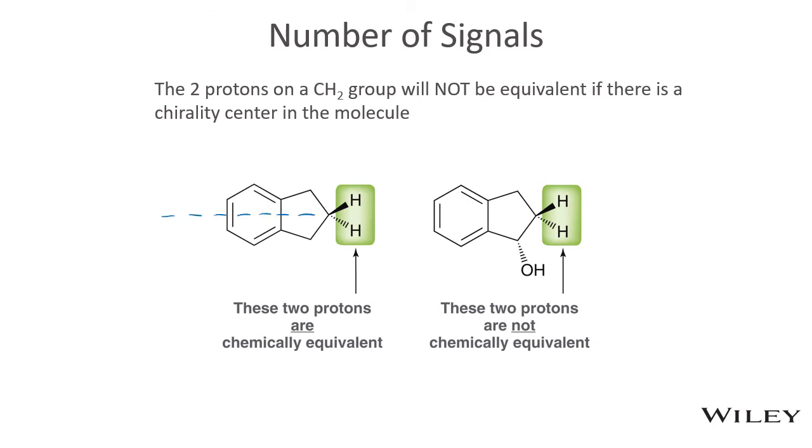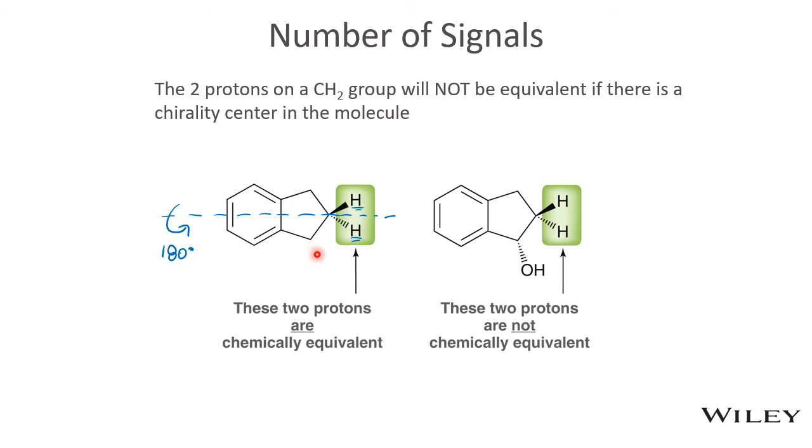So if we were to draw a line through here and rotate it around 180 degrees, this hydrogen would become this one. This molecule also contains a plane of symmetry. So if we were to take a plane and put it straight through the middle of all of these carbons in these two rings, this H would reflect this H. So we have two reasons that these hydrogens are chemically equivalent.